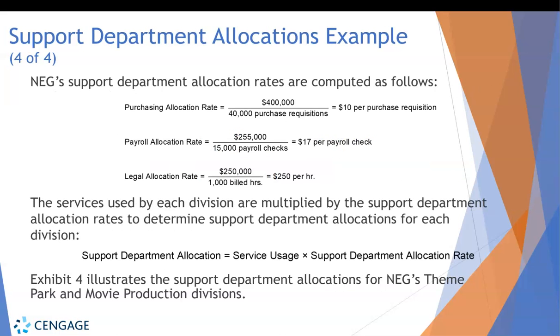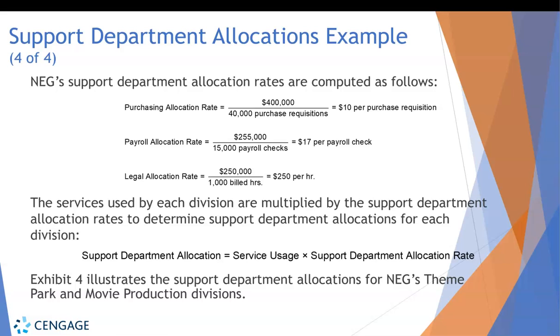So here you see if the purchasing department has $400,000 in expenses and there were a total of 40,000 purchase requisitions, we'll allocate $10 per purchase requisition. For payroll, we've got $17 a paycheck, and for the legal rate allocation, it's $250 an hour.